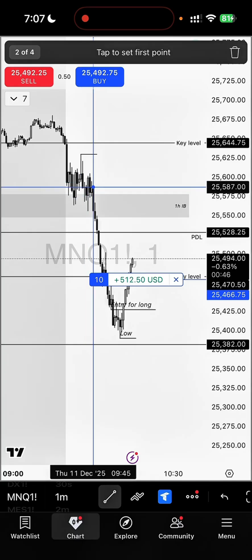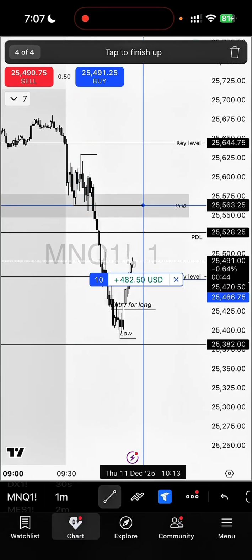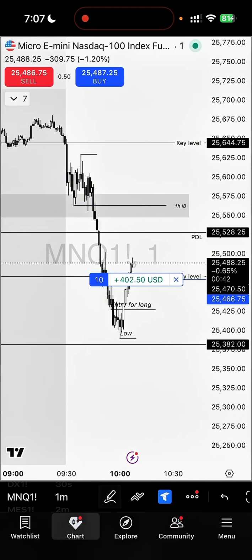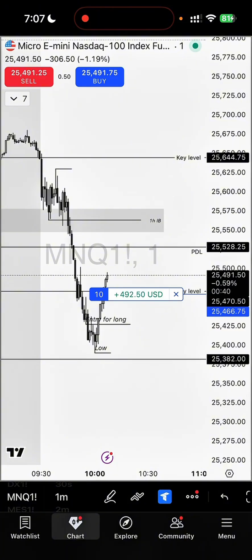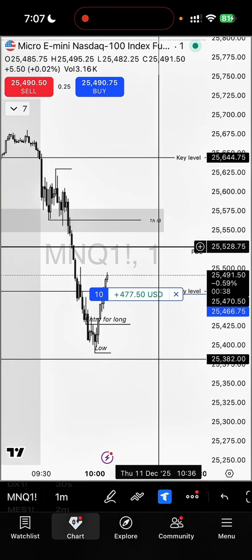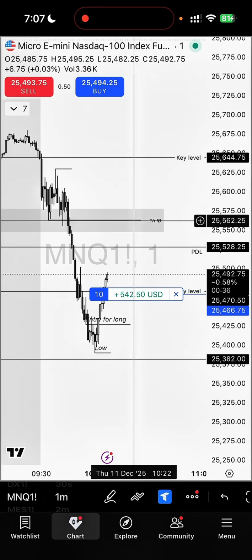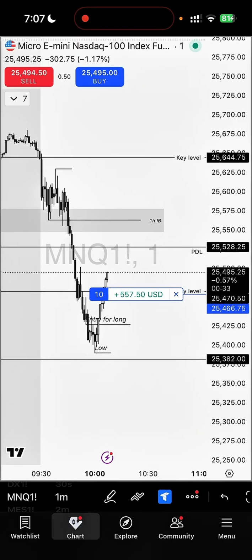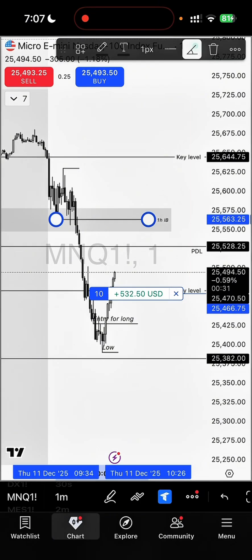Now that we're in the early stage of adding, we still have a possible retracement. First of all, I'm going to see what the price does under the previous day low, and then what it does here.